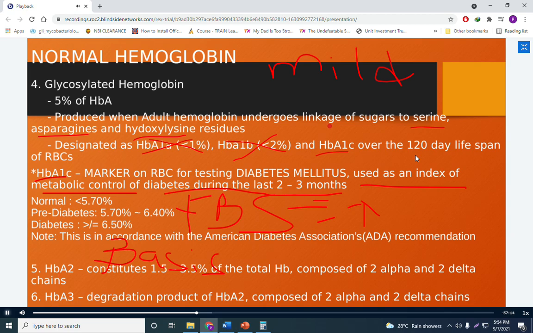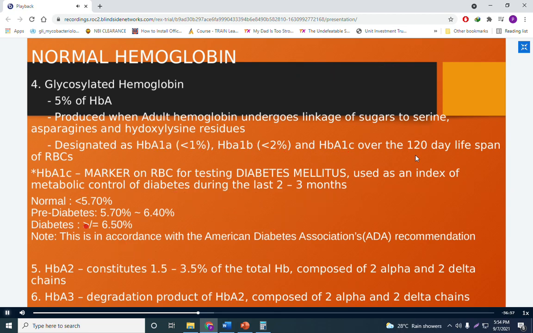Kailan ka pa nagkaroon ng diabetes? Was it months ago, years ago? So that's the reason why, para malaman nila yung severity at kung kaya ba ng body mo i-maintain yung pagkaroon ng diabetes. Now, let's look at the normal values, class.